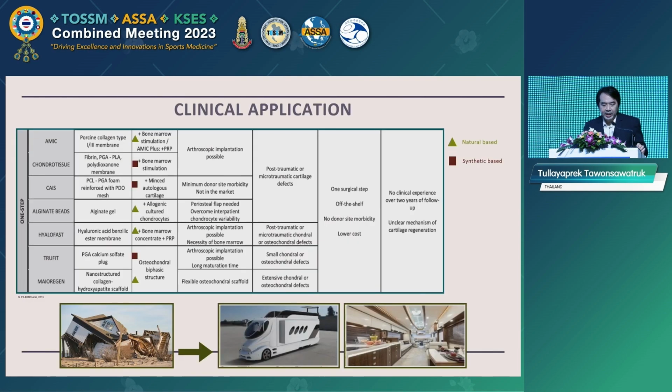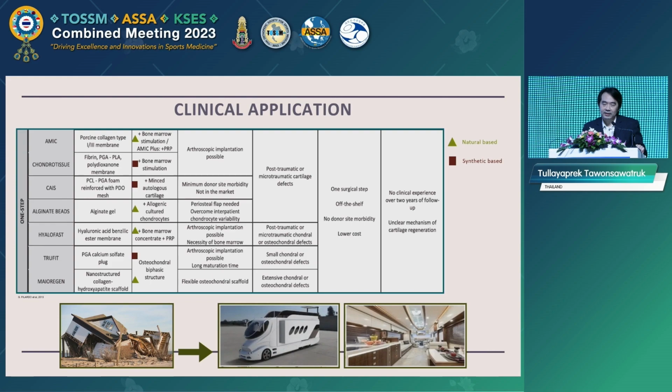In clinical application, we aim to use a one-step approach. That means you don't need to harvest the cartilage and culture it like ACI. There are a lot of techniques that have come out, but the cells need to be used with a scaffold, maybe synthetic, maybe natural, or maybe a mix.